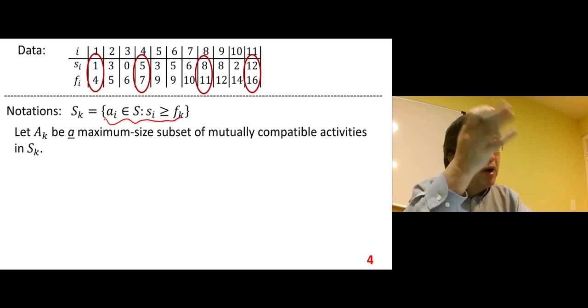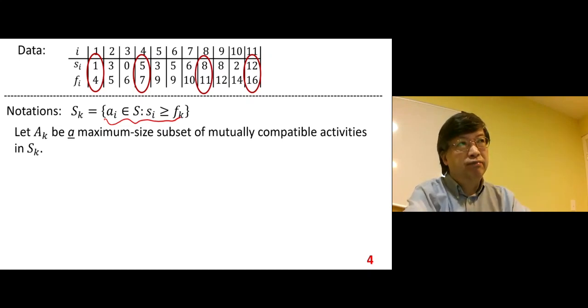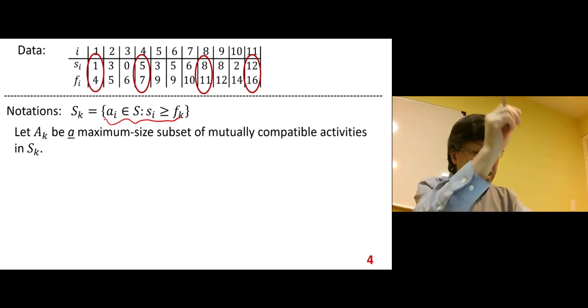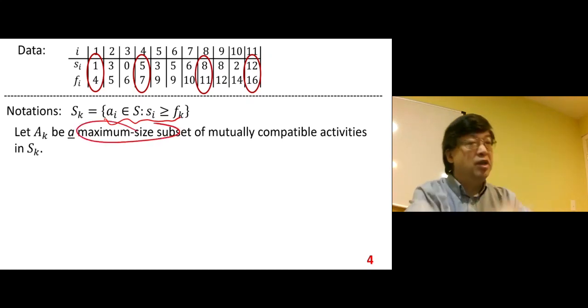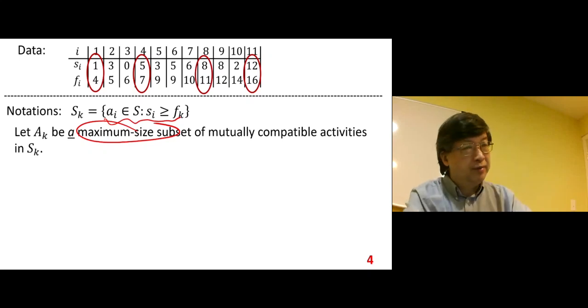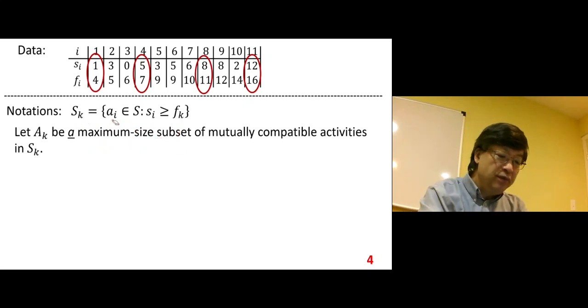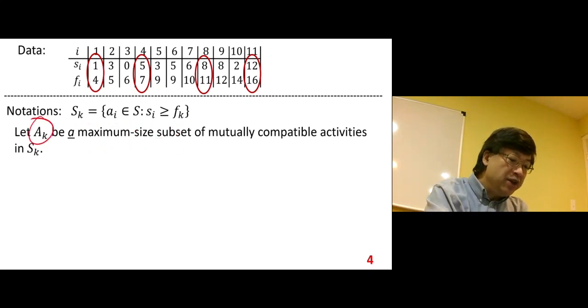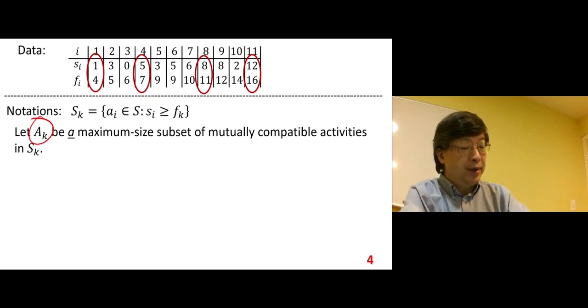Among a finite number of subsets, definitely one can select a subset with maximum size, mutually compatible. One can find that. So we can assume AK exists.